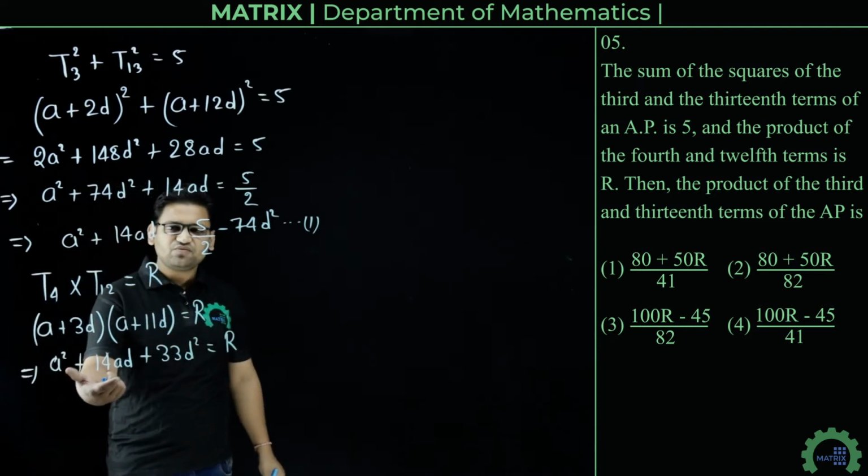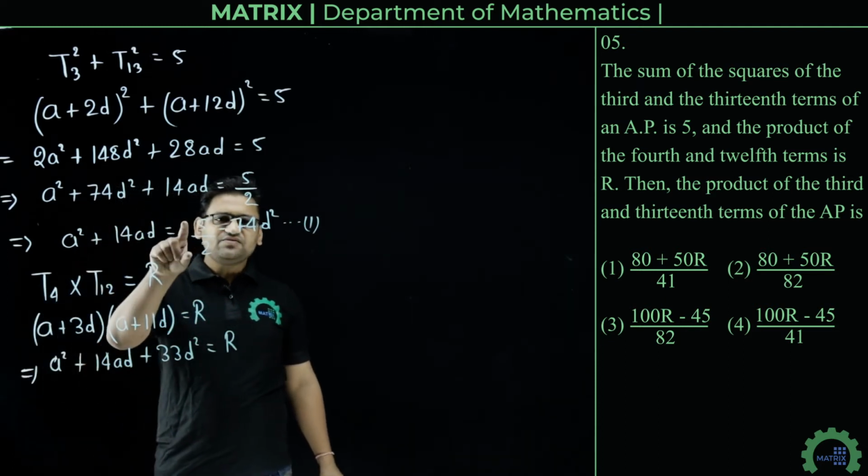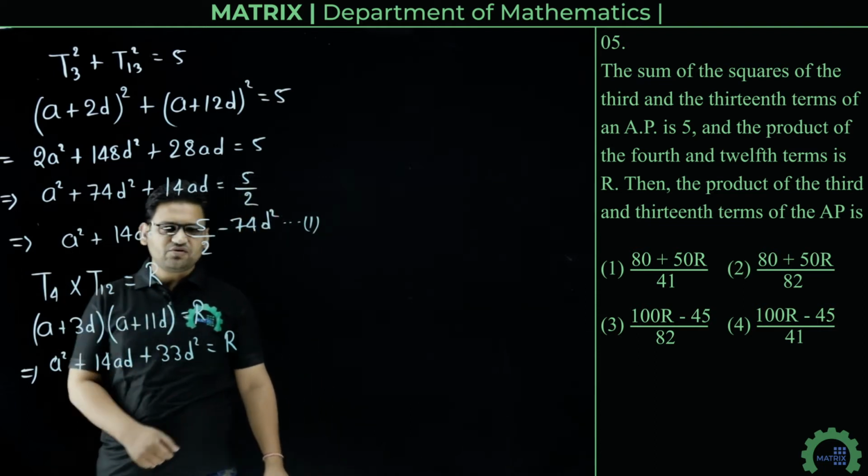Now A square plus 14AD can be taken as 5 by 2 minus 74D square from equation first.